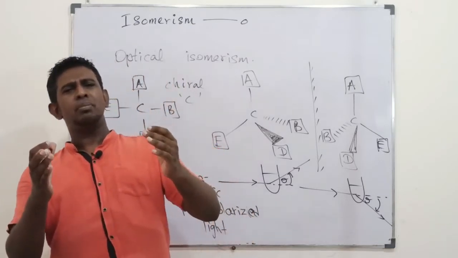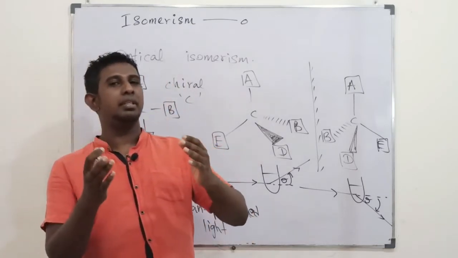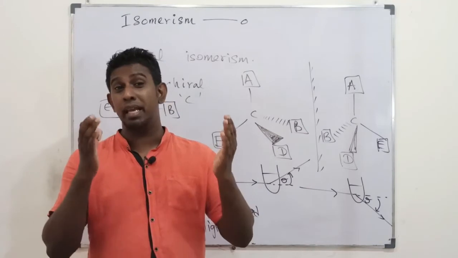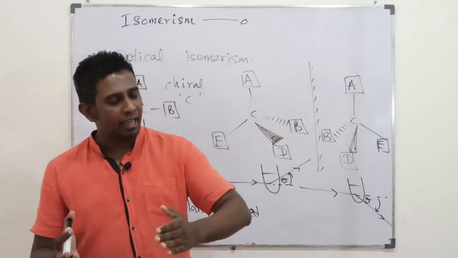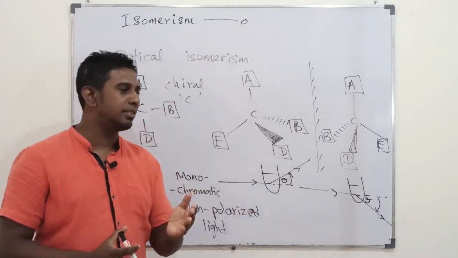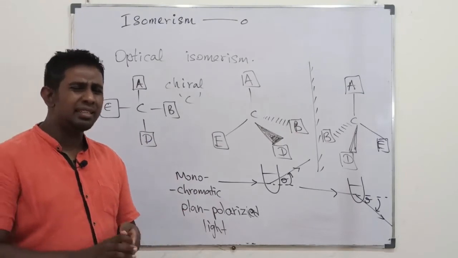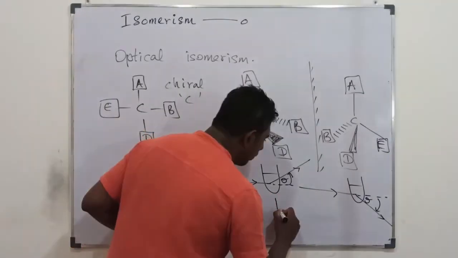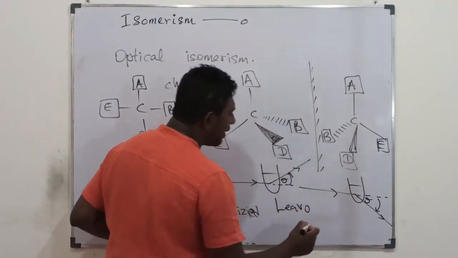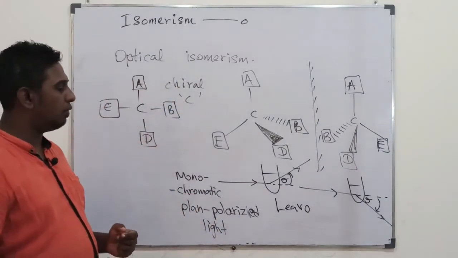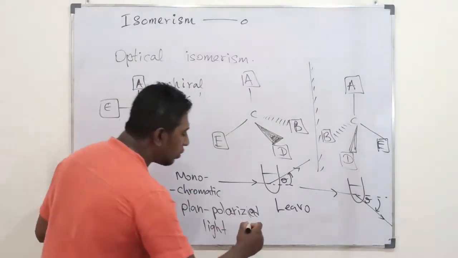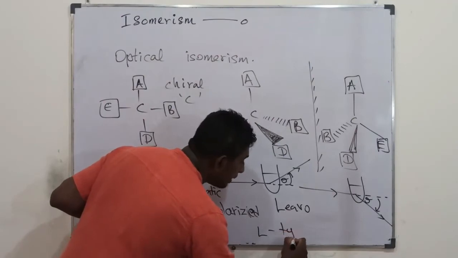The enantiomer that rotates monochromatic plane polarized light in the left-hand direction is referred to as, left in Latin means levo. We don't call it levo type, we just call it L type.